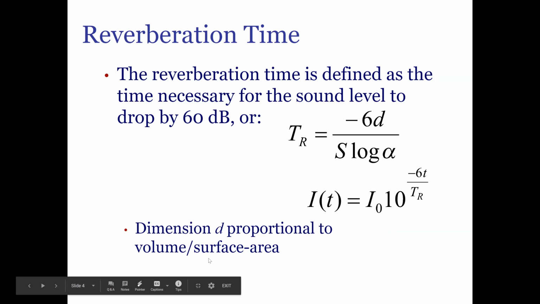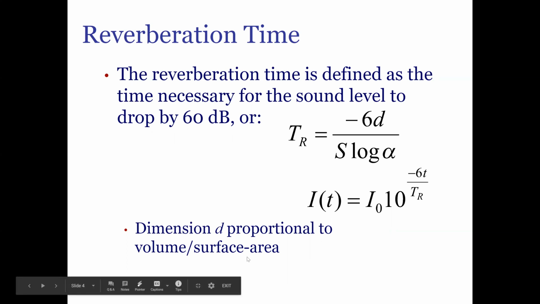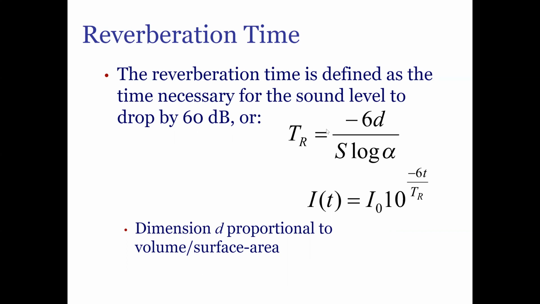So larger volume for the same surface area, larger reverb time. Smaller volume for the same surface area gives you a smaller reverb time. The larger surface area for the same volume gives me a shorter reverb time, and a smaller surface area for the same volume gives me a longer reverb time. That's a lot of words, but hopefully that makes some sense.